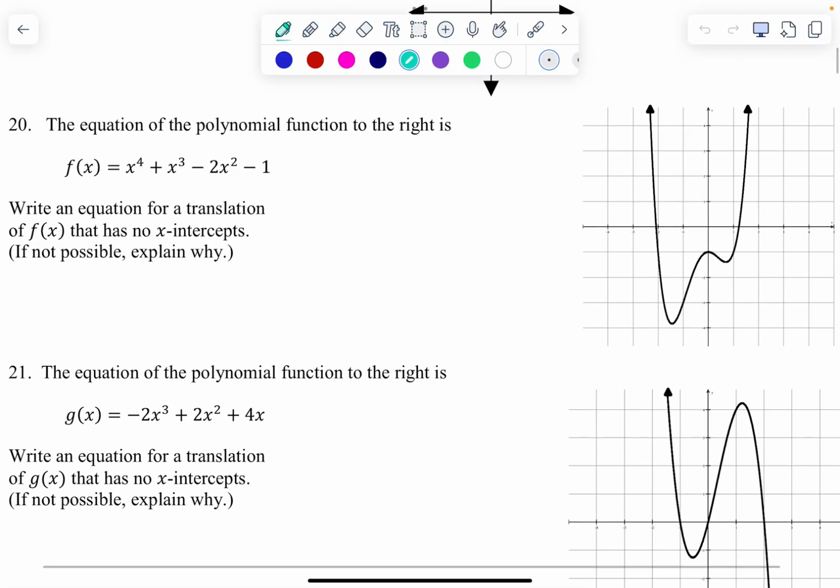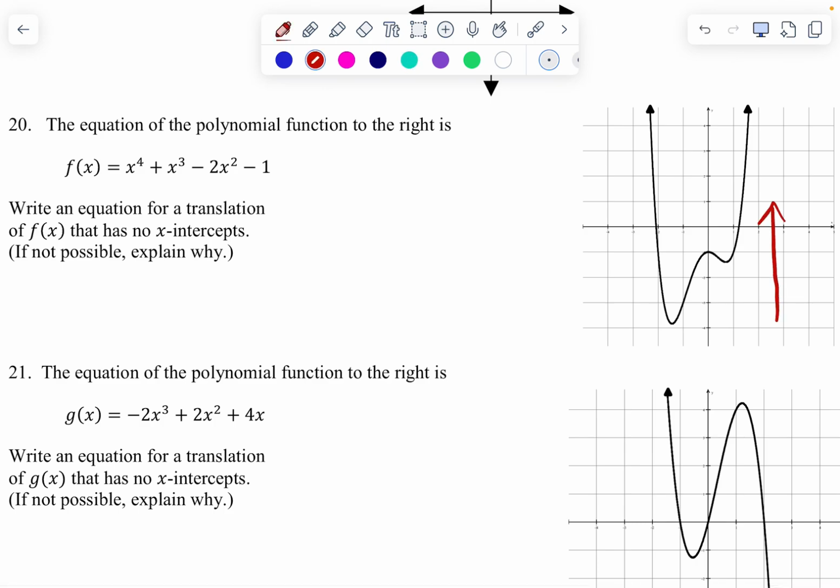Is there a way I can move the graph in 20 so that it doesn't have x-intercepts? Yes. Like if we do what? We just have to shift it so that this very bottom part is now somewhere like that instead, so that it goes up here and it never crosses the x-axis. That's the idea there.